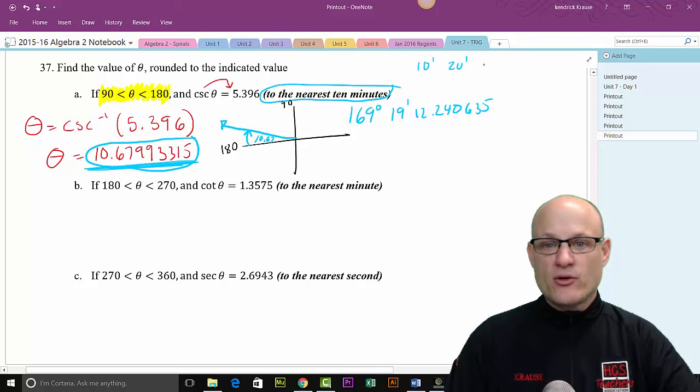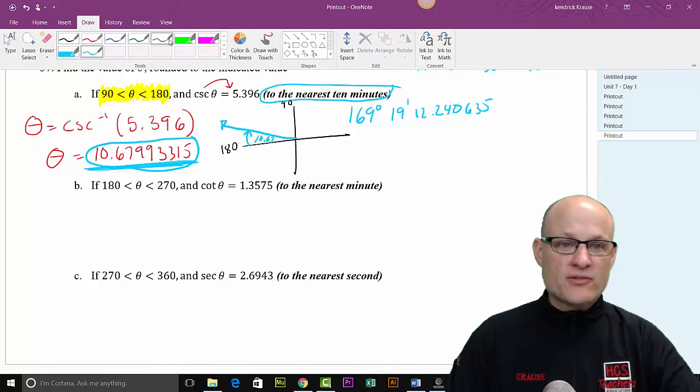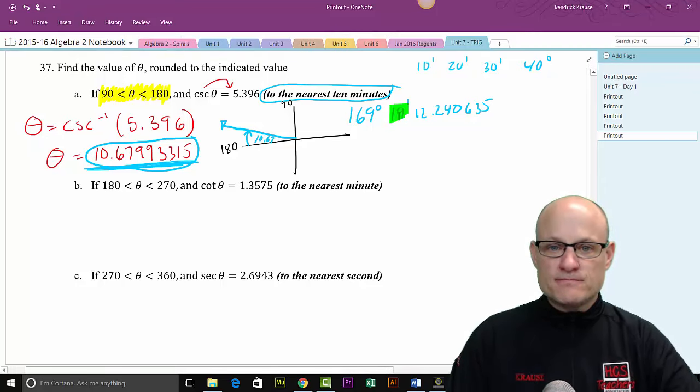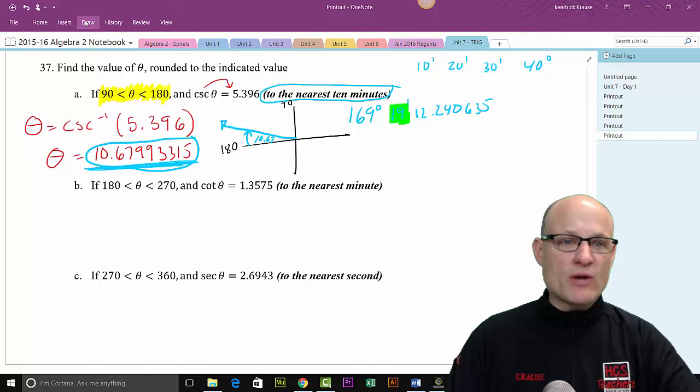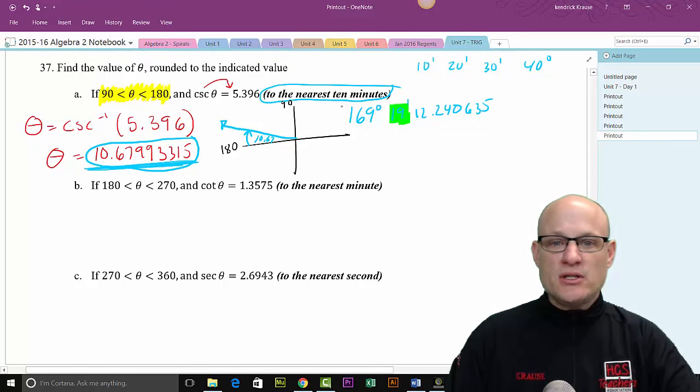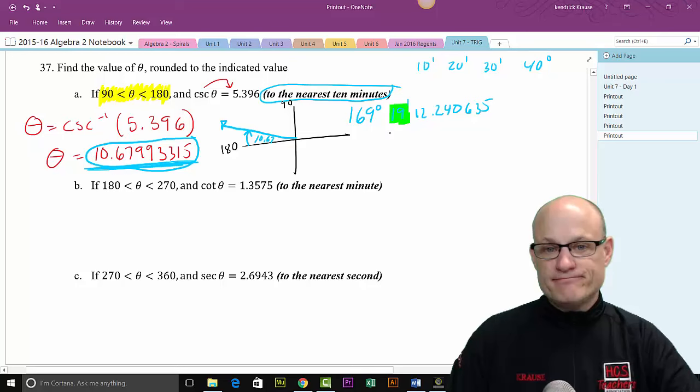This is where my minutes are. Am I going to round that to 10 or 20? Of course, it's 20. So my answer is 169 degrees, 20 minutes.